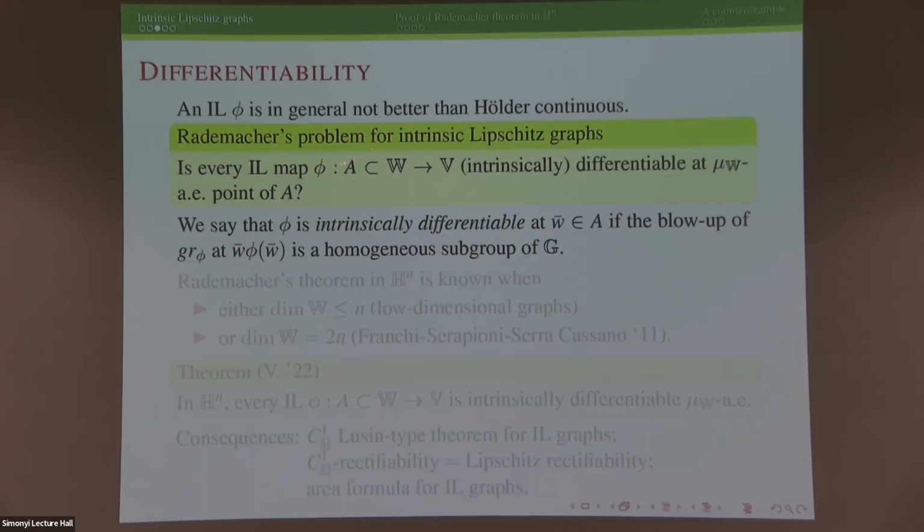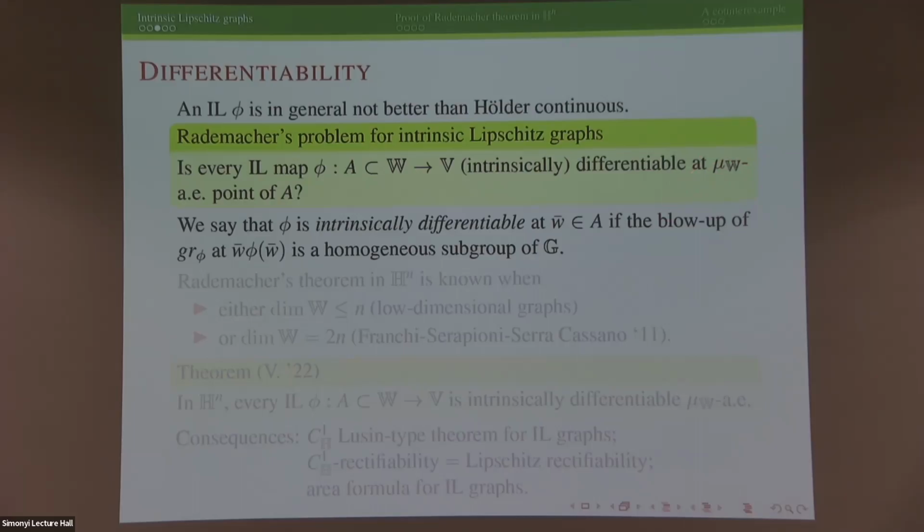So the problem would be: is it true that every intrinsic Lipschitz map phi is differentiable in some intrinsic sense, mu_W almost everywhere on A? Since W is a locally compact subgroup, you can put some Haar measure mu_W on it. Actually, it's also a nice submanifold, so you can put any reasonable measure you can imagine.